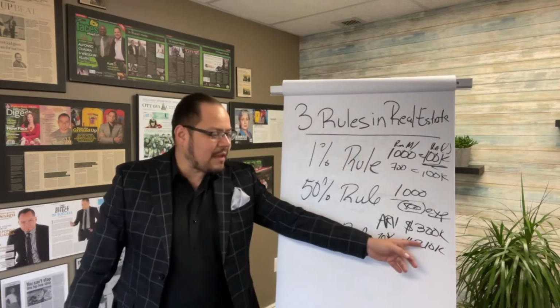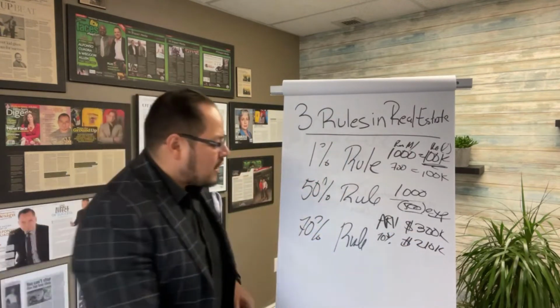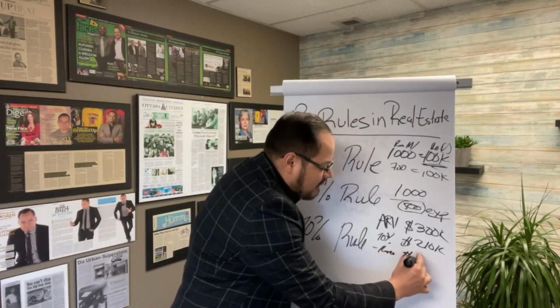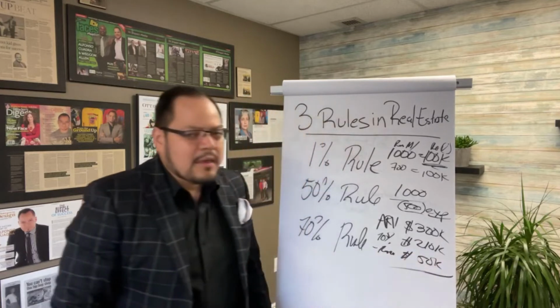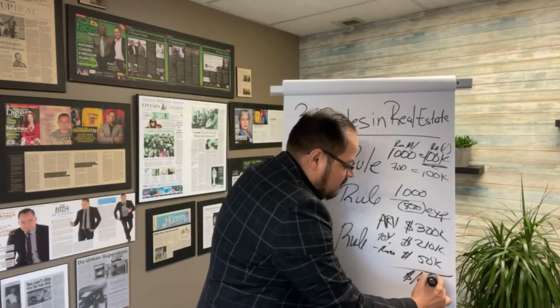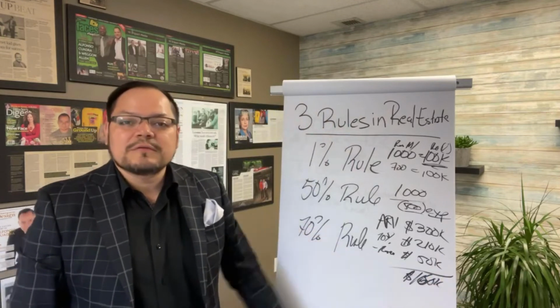So I'm not going to pay more than $210,000, but there's also renovations involved. So I will subtract the renovations from there. Let's say the renovations are around $50,000. That means I would not pay more than $160,000 for this property.